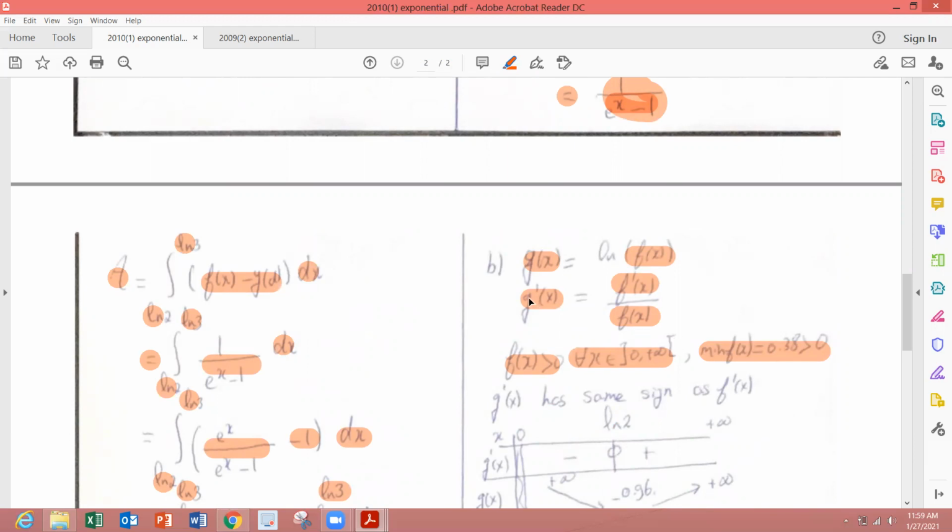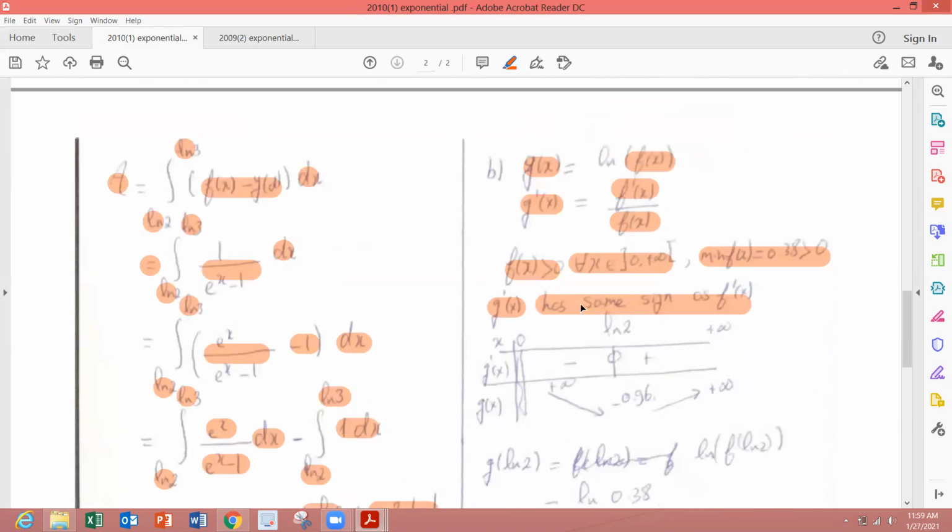So g prime x takes the same sign as f prime, since f is positive. How was the sign of f prime? It is 0, ln 2, plus infinity.